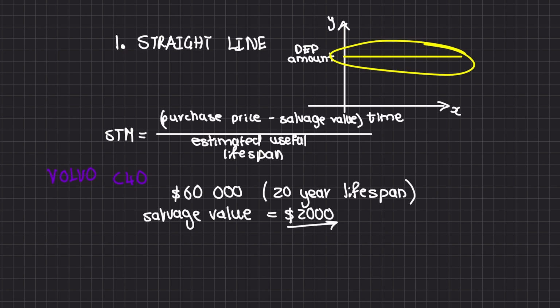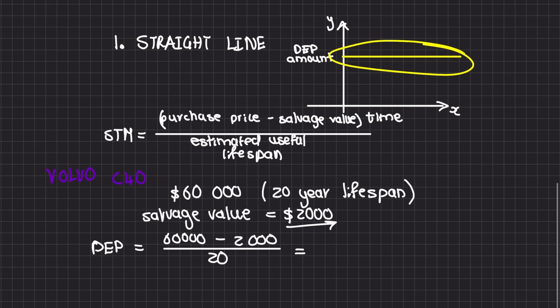That is how I can work out my depreciation using the formula. The depreciation I get every single year would equal 60,000 minus the salvage value of 2,000, divided by the 20 years of lifespan, and I will get the depreciation expense every year.